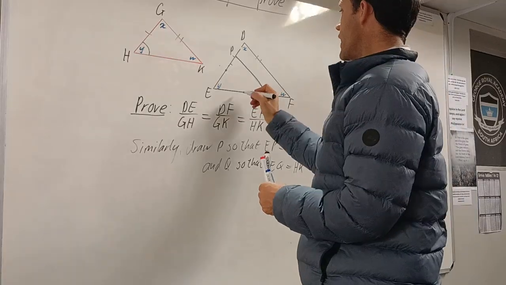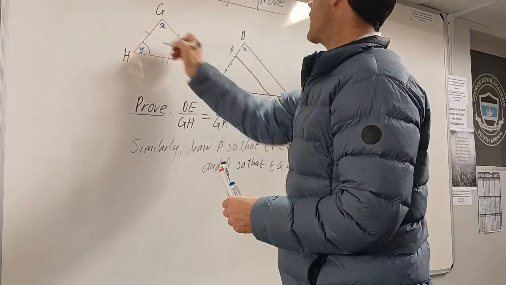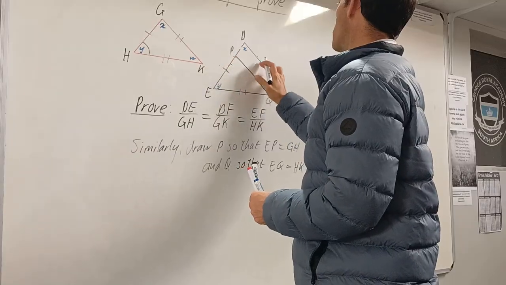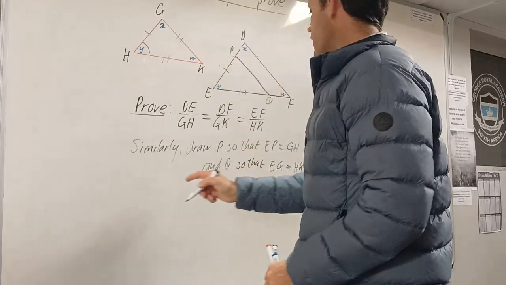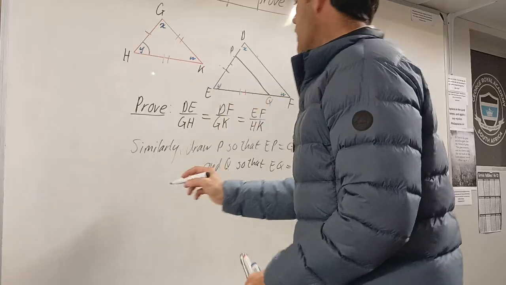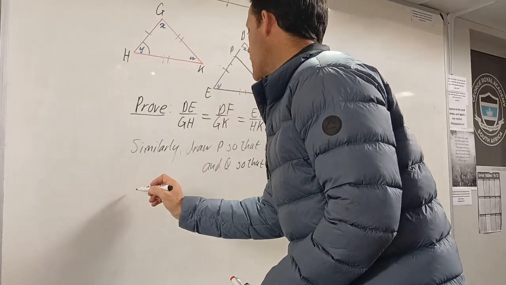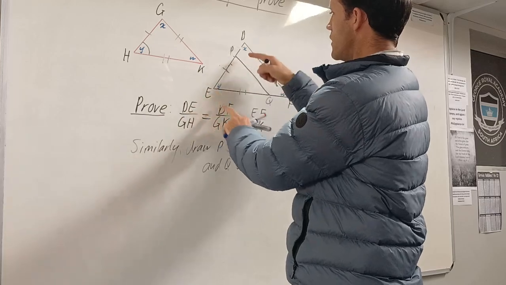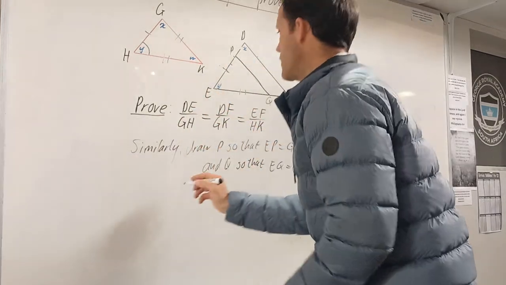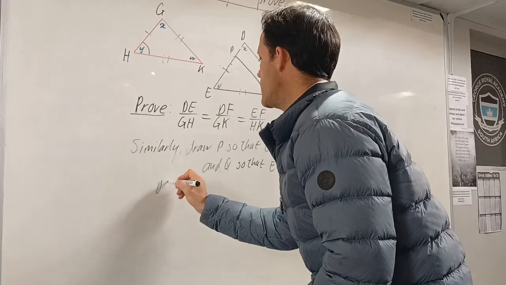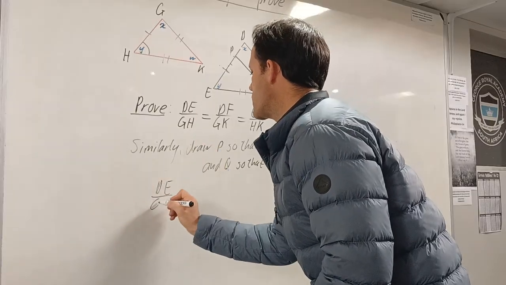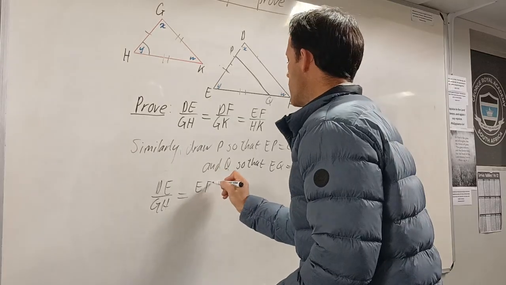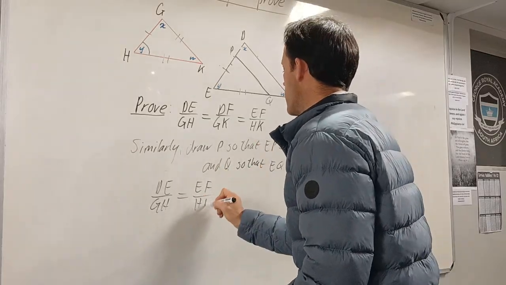So we can do that and then say this one is equal to this one, that one is equal to that one, and we forget about that first part we did. We basically just put in this and this. Then we can prove they're equal, and show that DE over GH will be equal to EF over HK.